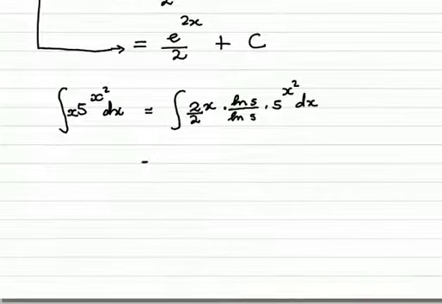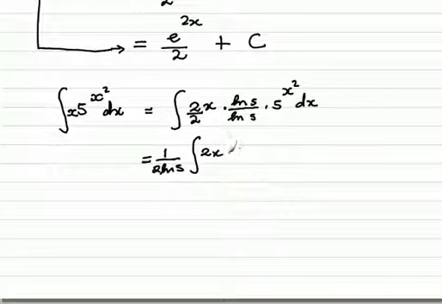We now factor out all that is redundant in the integral sign, which will be 1 over 2 ln 5, and the integral will remain with 2x, which is the derivative of the argument, ln 5, which is ln of the base, and 5 to the power x squared dx.